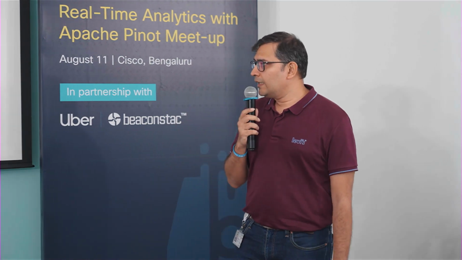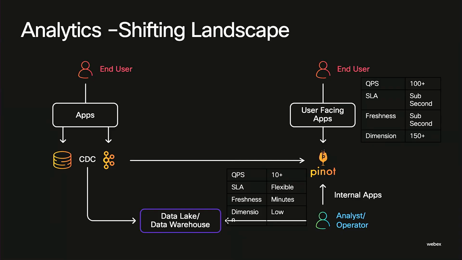Now, what really happened during the pandemic was all the online systems and the video conferencing systems were under load. Everyone went online, everyone was having online meetings. And the questions that admins and our internal analysts were asking completely changed. There were jitters, and all the customer admins wanted to know what was going on in their system.